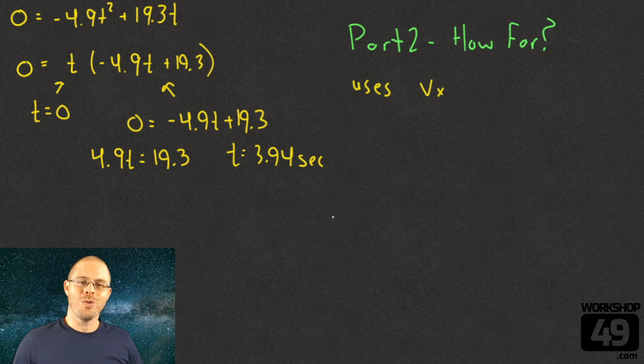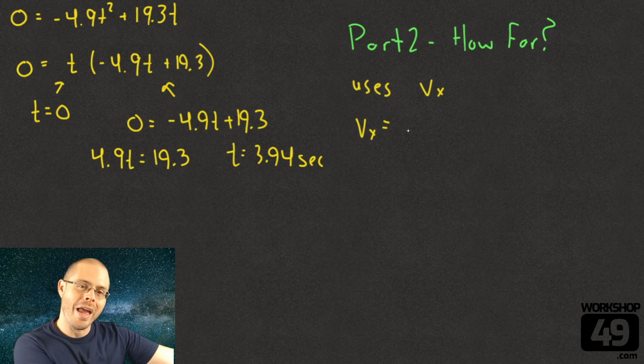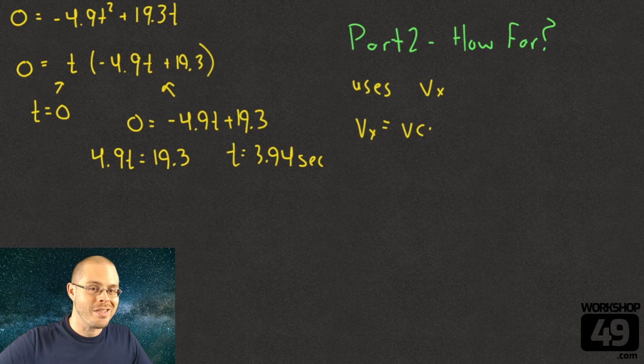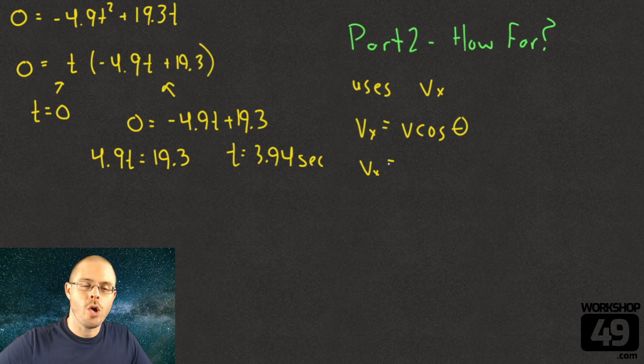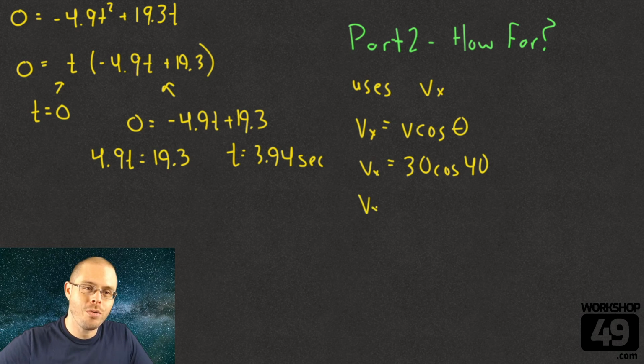Now we're going to have to use horizontal velocity, the Vx component, because that's going to tell us how far away it goes. Just like all other vectors, to get the x component, it's v cos theta, so the magnitude of the original vector times the cos of the angle. That's 30 cos 40. Our horizontal component of our velocity is 23 meters per second.